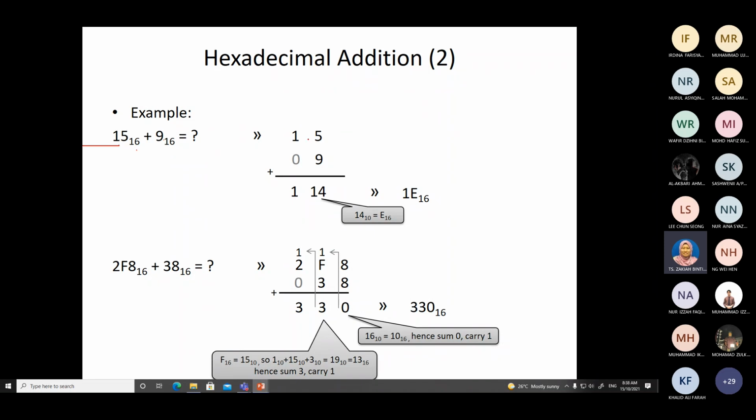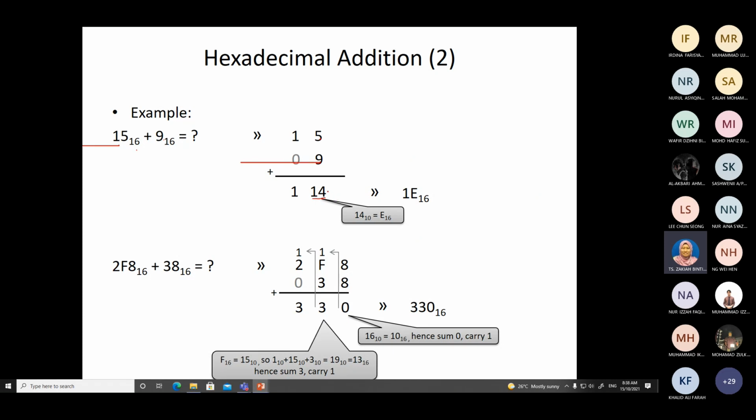For example, place it vertically: 1, 5, and then 0, 9. So 5 plus 9 is 14, right? Now we have 14 here, but you need to represent it in hexadecimal.